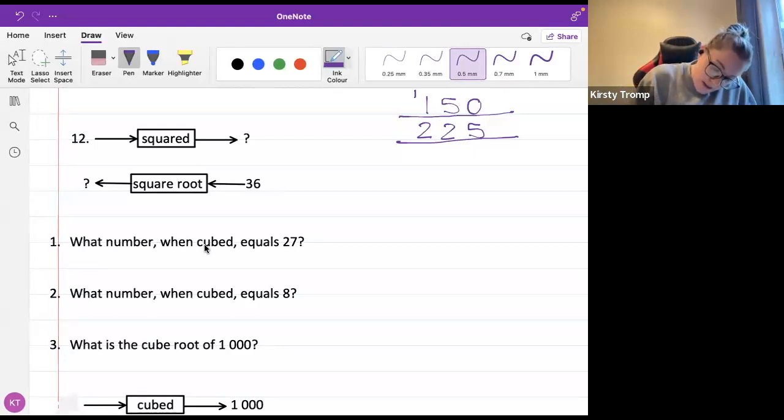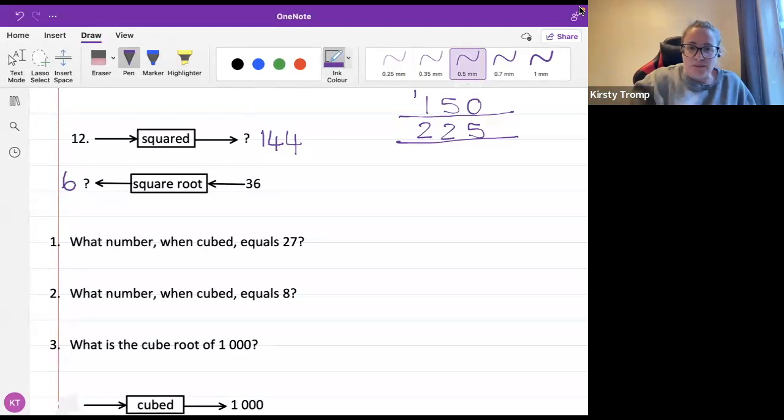So 12 squared is going to give me 144. Well done, guys. Now, can you see the arrows are going backwards? So they're going this way now. So it says 36 square root, and I'm going to get, well done, everyone, a 6.